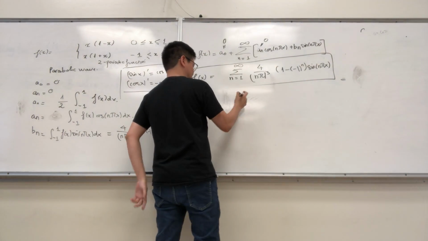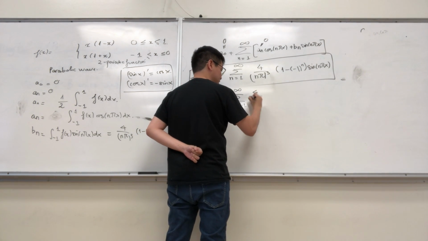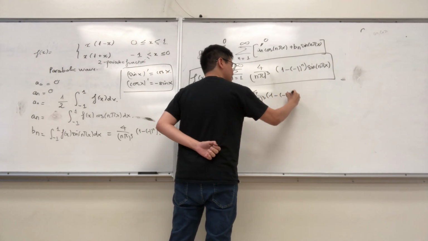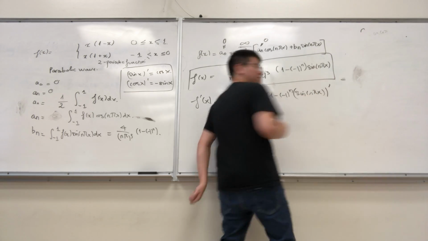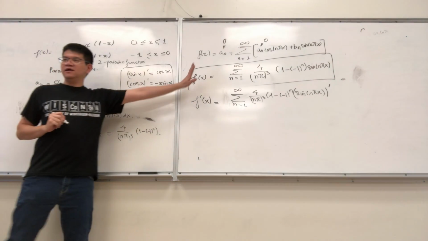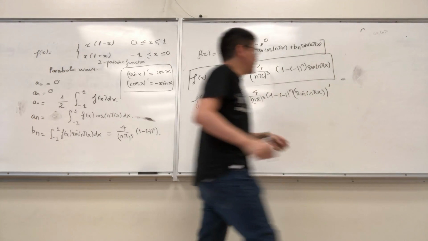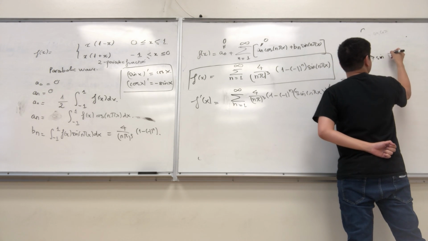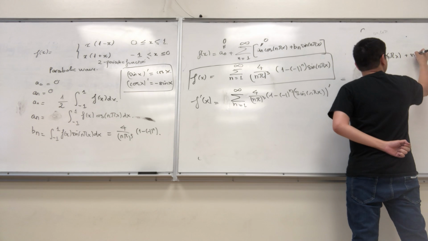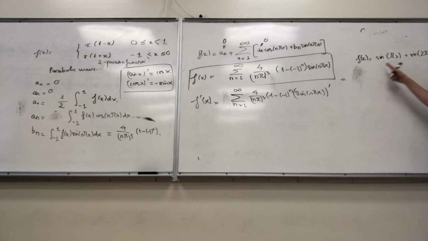So the derivative of f will be the sum from n equals 1 to infinity of 4 over n pi to the power 3, 1 minus (-1) to the n, sinus n pi x, prime. All right? It's clear. For instance, it is as simple as this. Suppose that f is sinus of pi x plus sinus of 2 pi x. Suppose that the series has only 2 components.